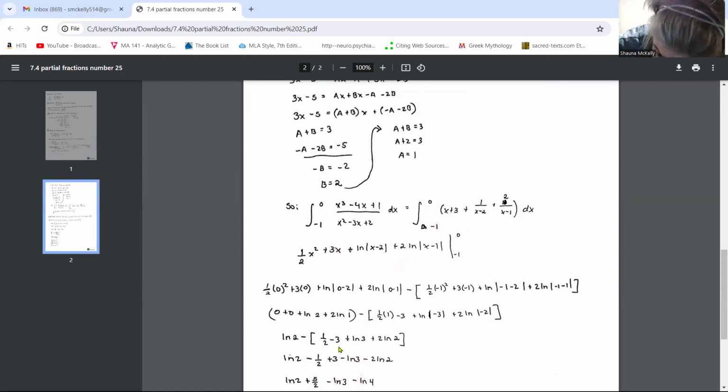And so it resolves to be the natural log of 2 plus 2 times the natural log of 1. And then you can see on the screen the rest of it: 1/2 times 1 minus 3 plus the natural log of 3 plus 2 times the natural log of 2.